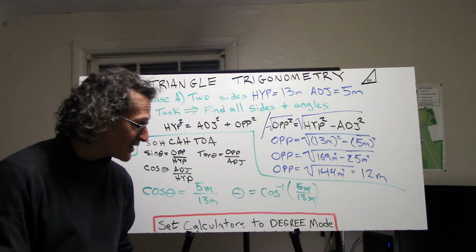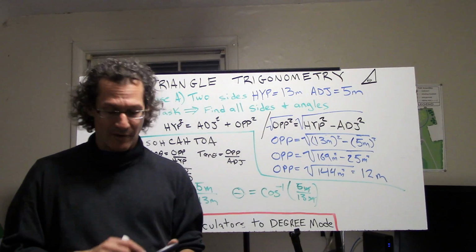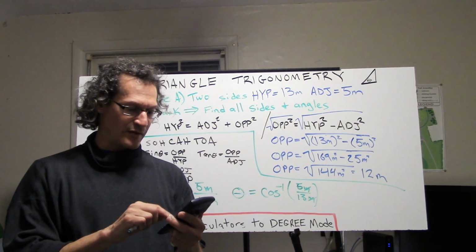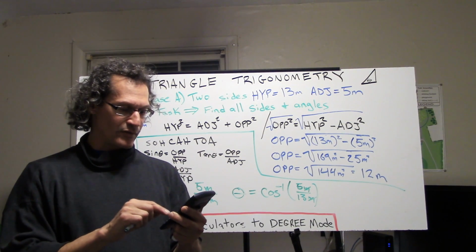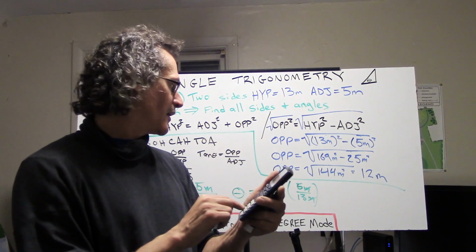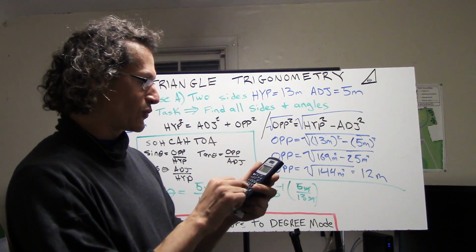All right, now let me type it in so you can see what it looks like on this calculator. Second, cosine negative 1, 5 divided by 13, like this.